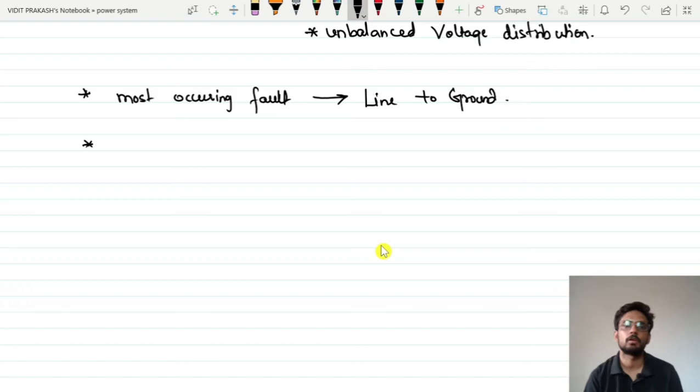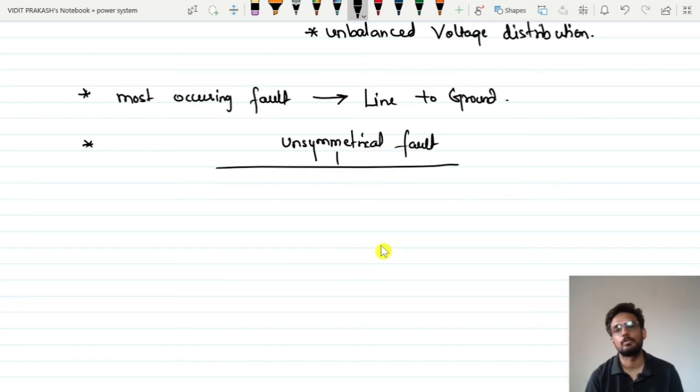The types of unsymmetrical fault are line to ground, line to line, when two phases got short circuited, and third is double line to ground.